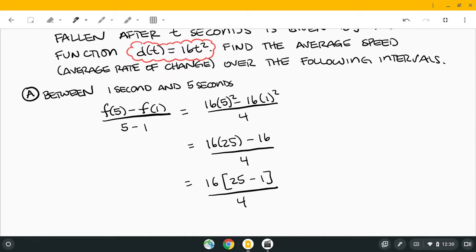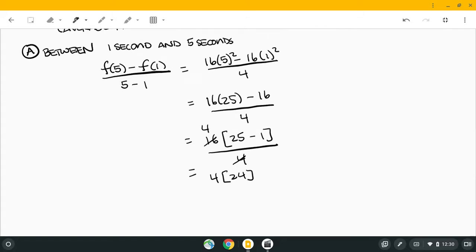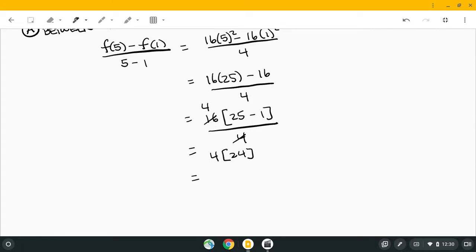But if you want to just use the calculator, that's fine. Okay, and then cancel this out. And then 4 times 25 minus 4 is 24. And so then here we get 96.